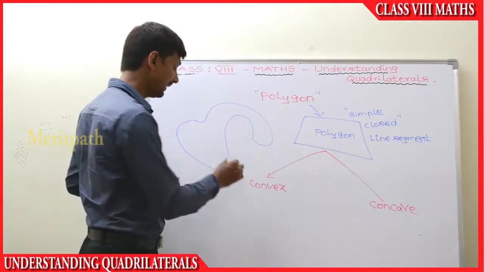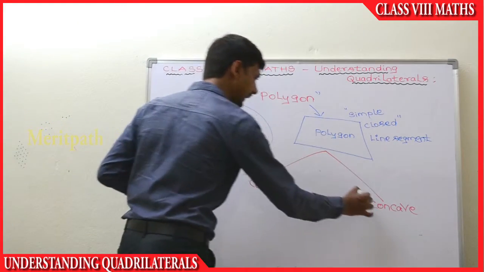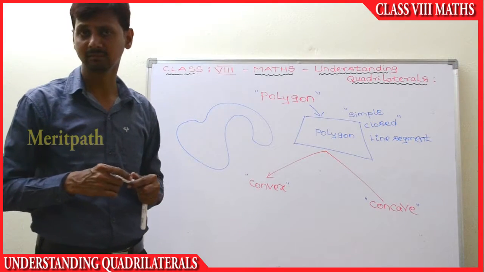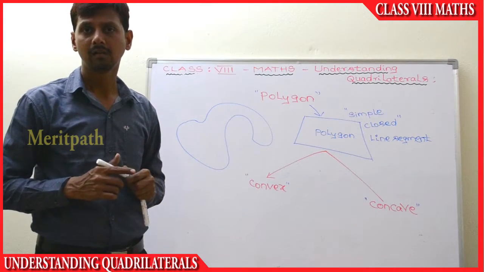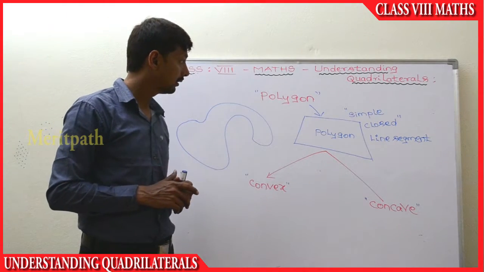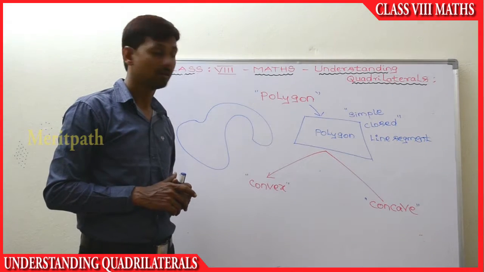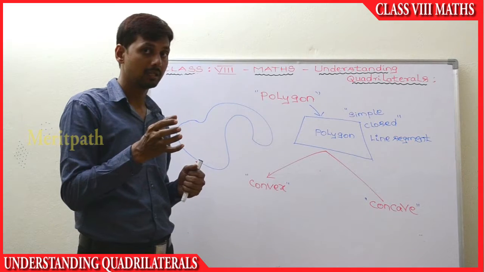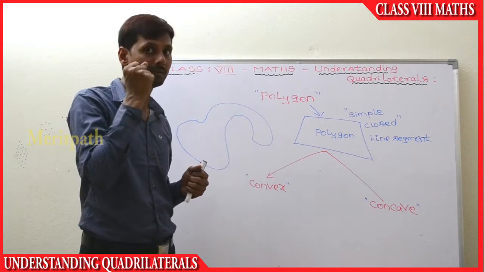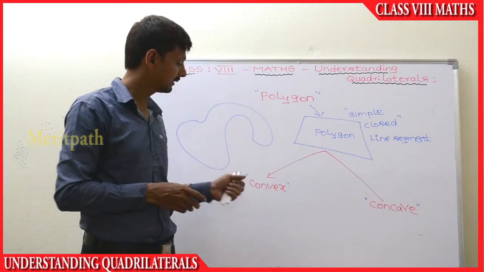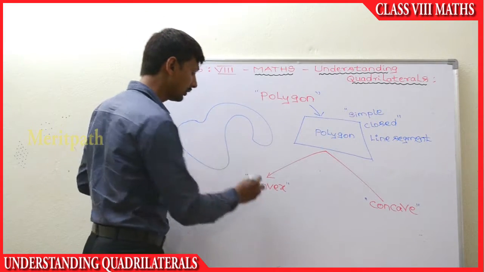One of them is the convex polygon and the next one is the concave polygon. For a convex polygon, we draw a simple closed figure, and after that we observe the angles of the polygon.